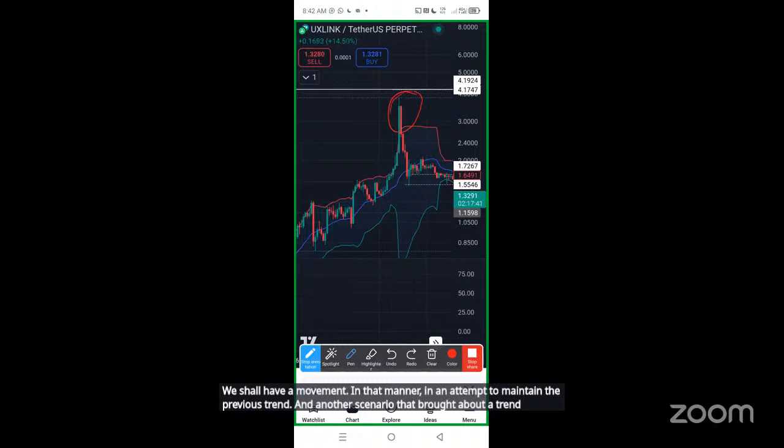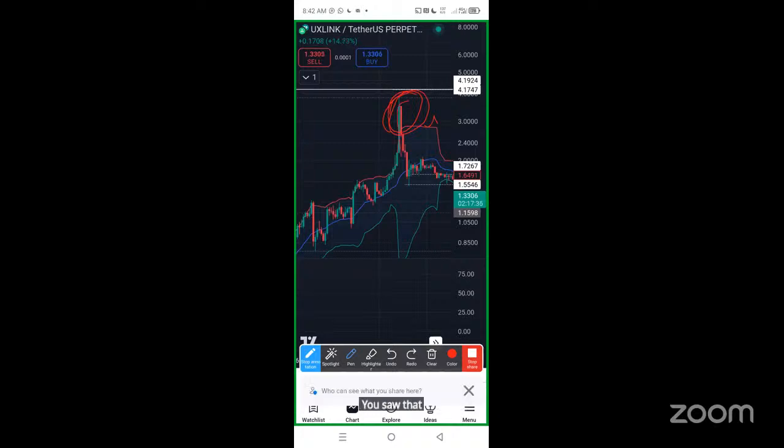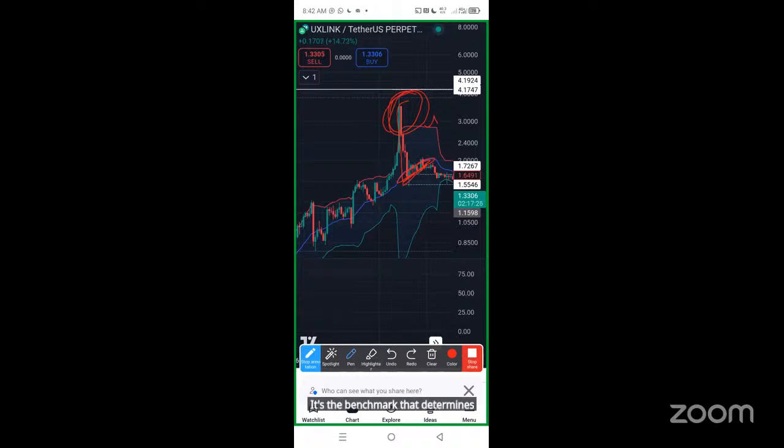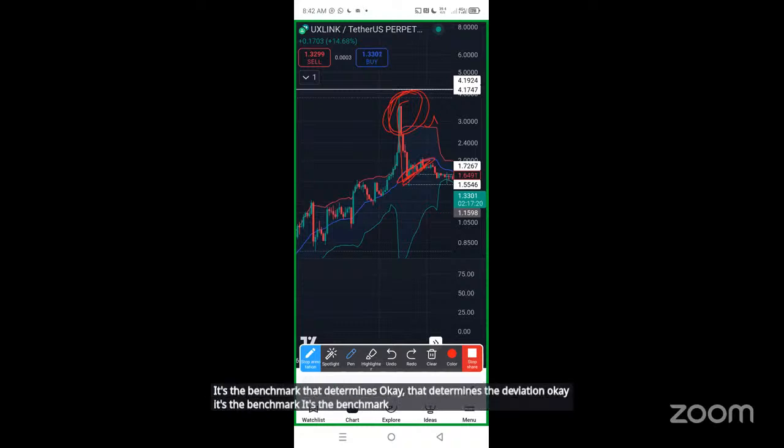And another scenario that brought about a market price pullback was this. At this attempt of breaking above the upper band, you saw that the price had to quickly drop back to this middle line. Now, the middle line is like the benchmark that determines the deviation. It's the benchmark upon which, once the price is on a rise and comes and touches it, it is either supported or the price has to break below it.